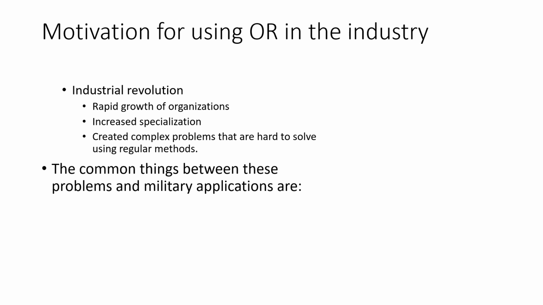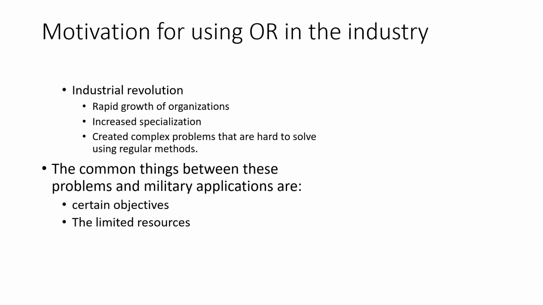Now, what is the common thing between the industry with its different fields like business management, manufacturing, investments? All other fields have things in common with the military operations. Basically, all of them have certain objectives. Sometimes they might be conflicting objectives. And they have limited resources.